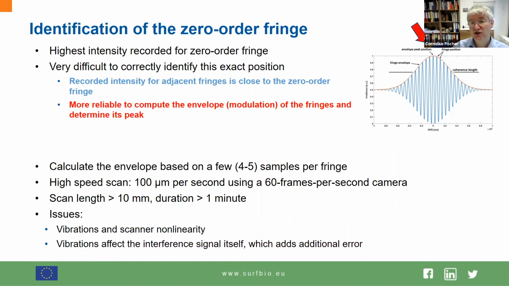You compare this to AFM measurements with all the artifacts that can happen. Then you see the differences with respect to applicability, field of view, sensitivity, speed, all kinds of stuff. So it's more reliable to compute the envelope, the modulation of the fringes, and determine this kind of peak.